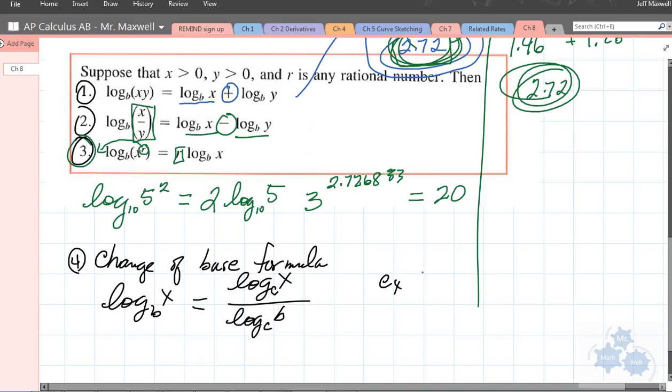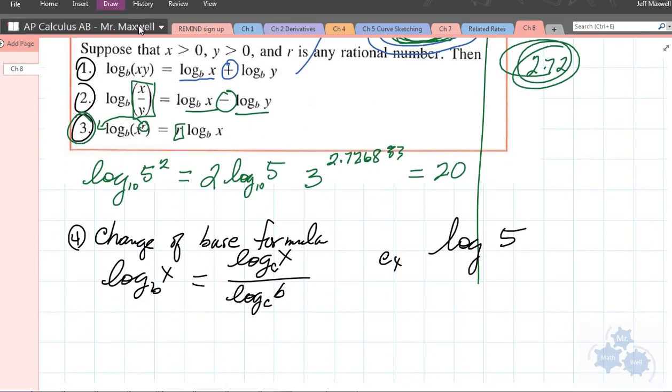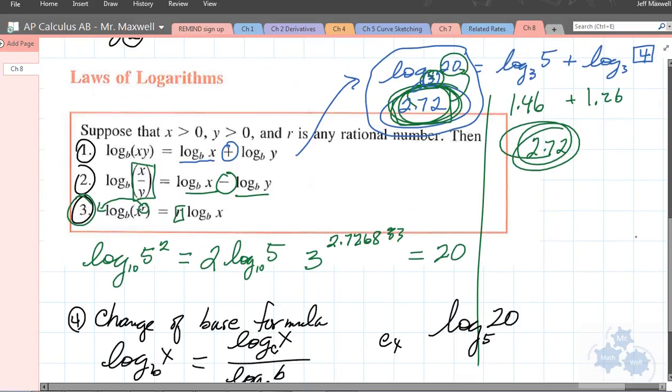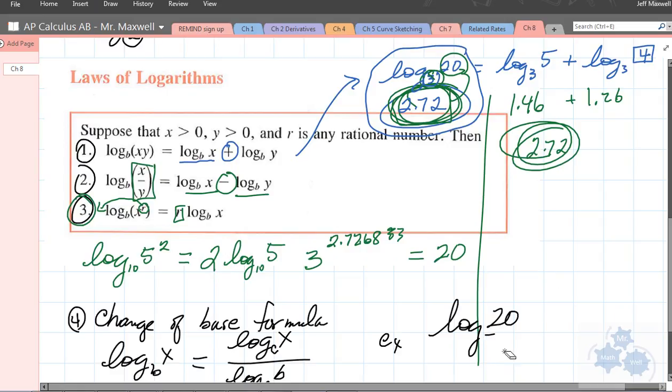And the example would be this. Actually, let's do an example. Log of 20 base 3. We already calculated that out to be 2.72.